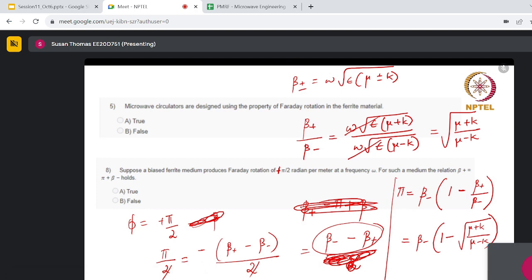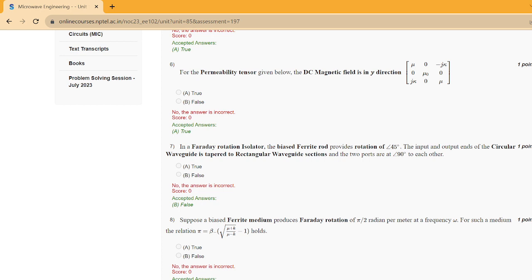Why this one minus? Still there is 1 minus. I am just looking at that. Beta minus into 1 minus.